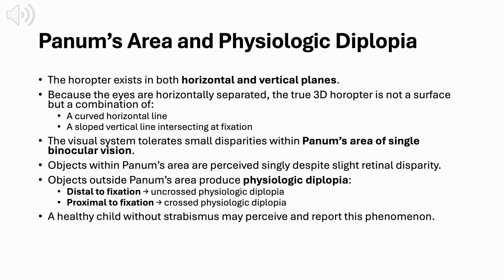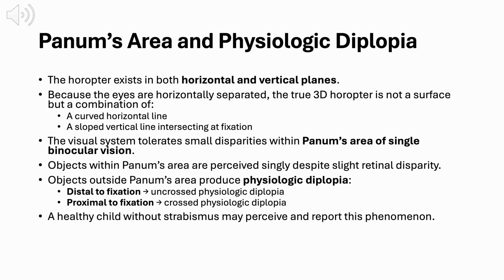Importantly, the visual system is tolerant of small mismatches between the two eyes. Panum's area defines the zone around the horopter where slight retinal disparities are still fused into a single percept. Objects that fall within this area are seen singly, even though they don't stimulate perfectly corresponding retinal points.